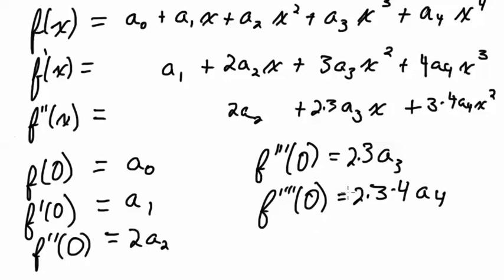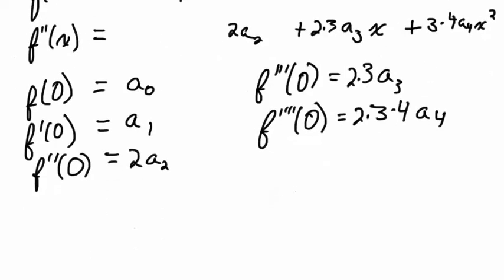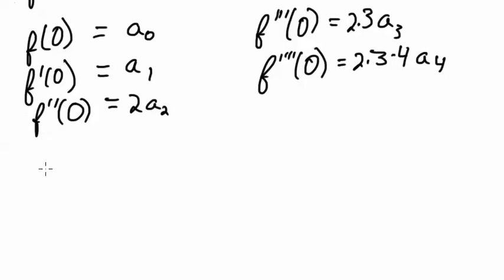Now, the Maclaurin series expansion is kind of the opposite of this. It goes the other direction. If I have a function f of x, then we can expand it.